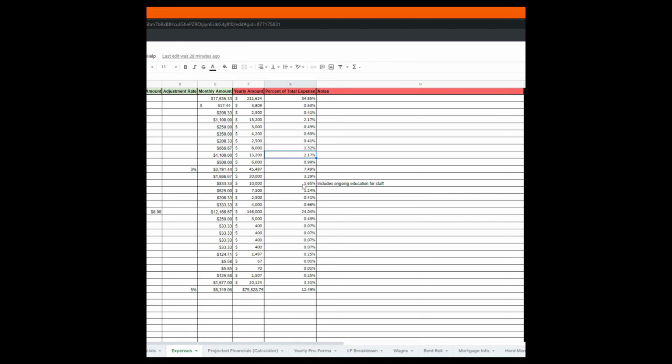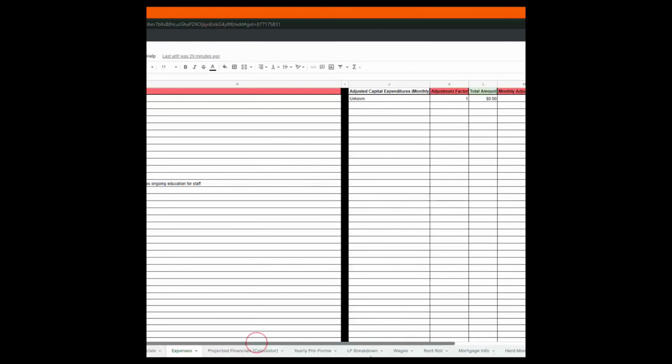So I'm going to be spending about 35% of all of my expenses on wages, another 25% on food, and 12.5% on management. Everything else in here is really low, right? I would expect to see that your taxes might be high, your insurance might be high, and then utilities, but everything else is going to be relatively low. That's just a good way to look at it.